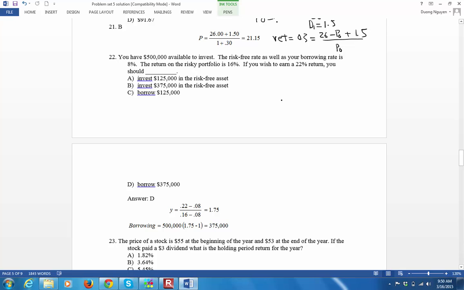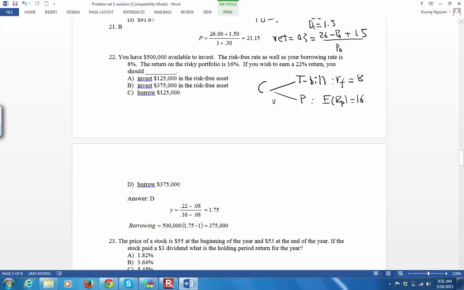Now number 22, you have $500,000 to invest. Your complete portfolio is a combination of T-bill or risk-free and the risky portfolio P. The return over here, ERP, is equal to 16%, and the risk-free rate rF is equal to 8%.